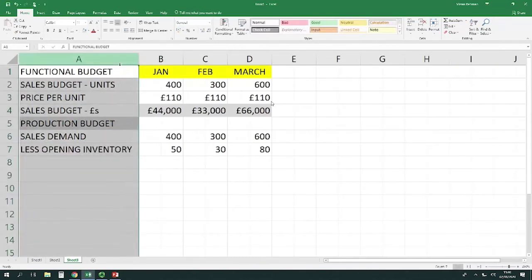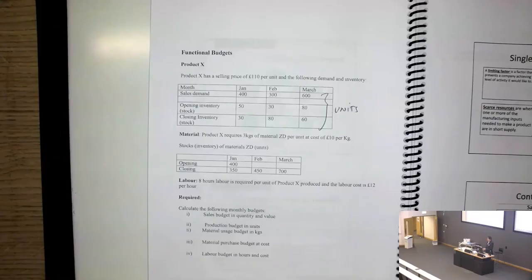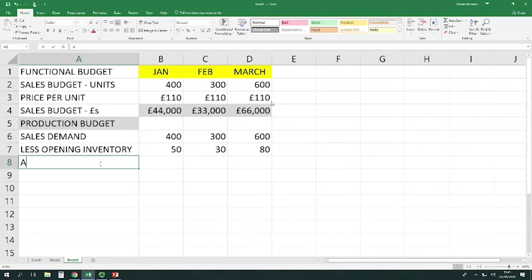And then we add closing, because we need to have that stock in our storerooms at the end. So closing inventory, and that is 30, 80, and 60.